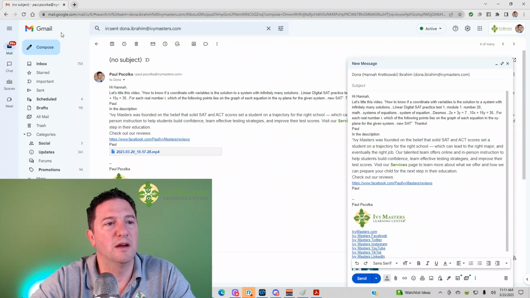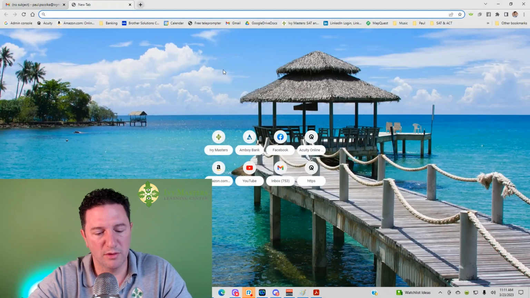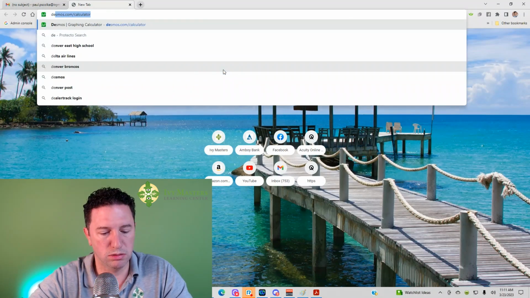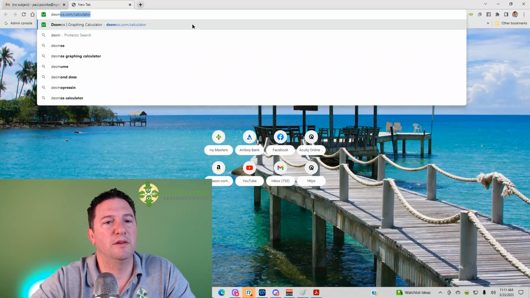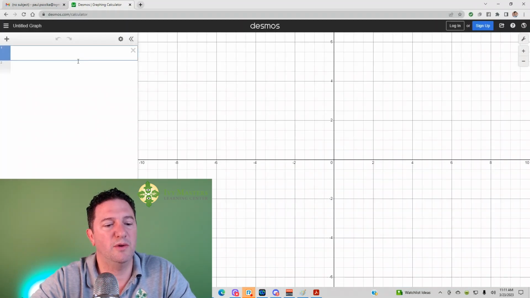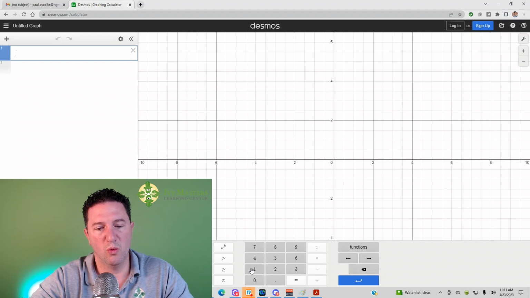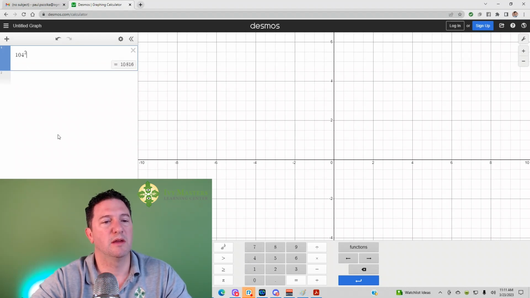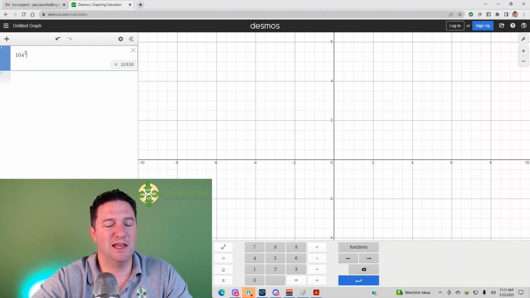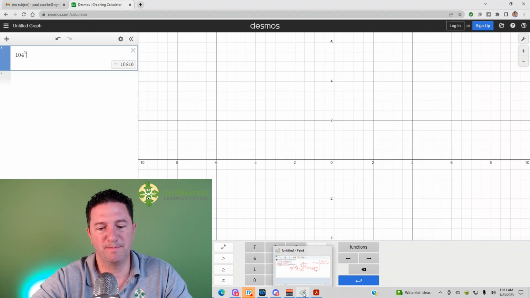So we're going to go into, I didn't realize I don't have Desmos up. And here's a Desmos calculator, and if we throw in, you get the little keyboard from down here, 104, and then square it. And we get 10,816.